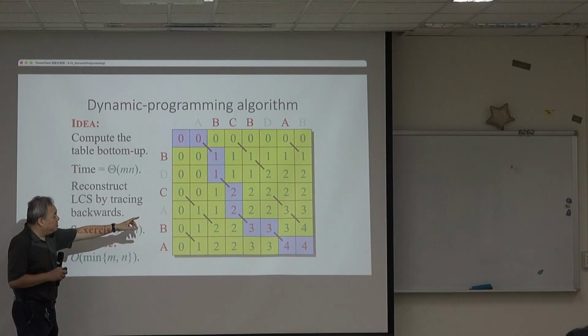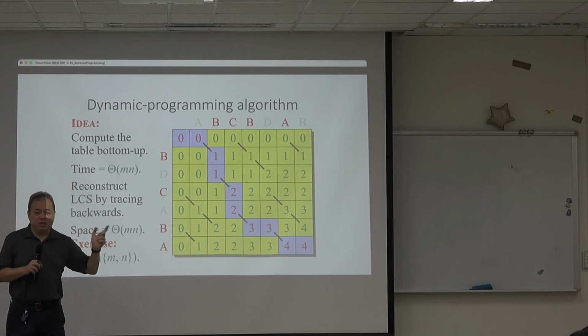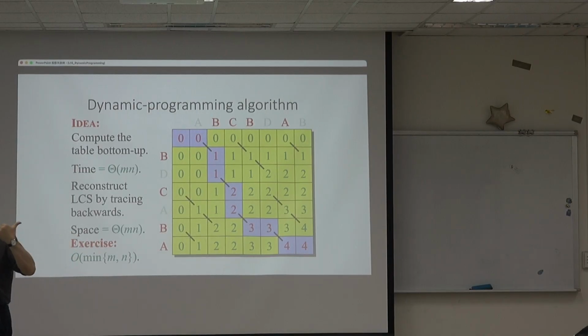Why? Because every time, think about this, the only thing you care about is to go diagonal, right? Each time you go diagonal, you construct one character of the LCS, right?